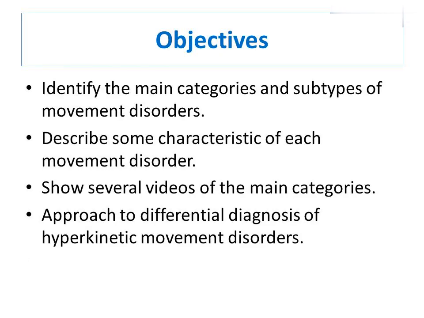Objectives: identify the main categories and subtypes of movement disorders, describe some characteristics of each movement disorder, show several videos of the main categories, and approach the differential diagnosis of hyperkinetic movement disorders.